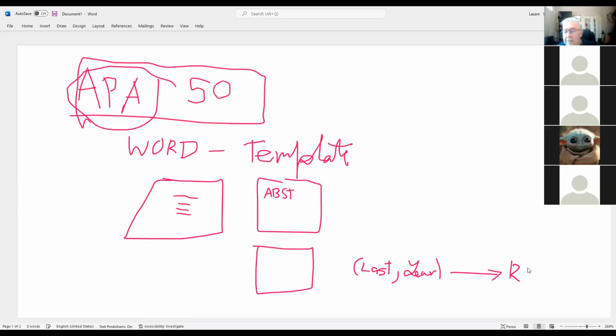In references, you write all the information. But in the body of the work, you will put into parentheses the last name and the year of the author of this work. Got it? And at the end, you type the references in one page, apart from the body of the work.